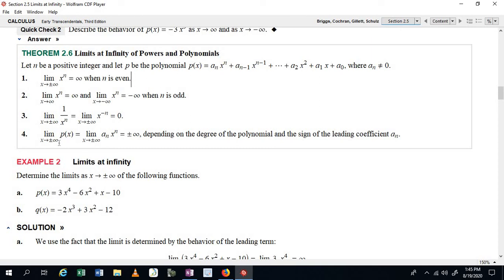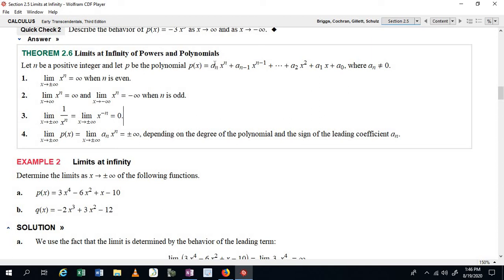Okay, and then the fourth statement tells us what happens as x heads towards plus or minus infinity for a polynomial function. Now, for a polynomial function, you have several terms, but the leading term, right, the leading term is this term here. The leading term actually dominates all the other terms. So as x gets larger and larger, this is the term that's going to be the largest.